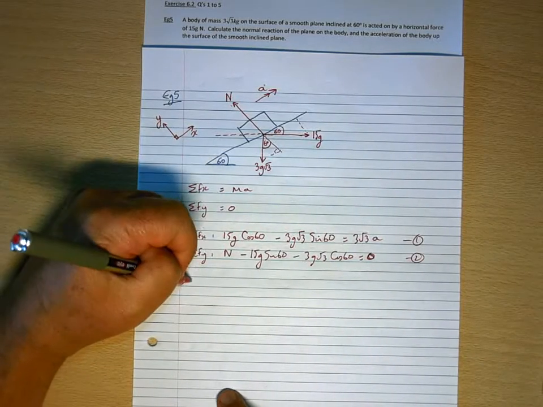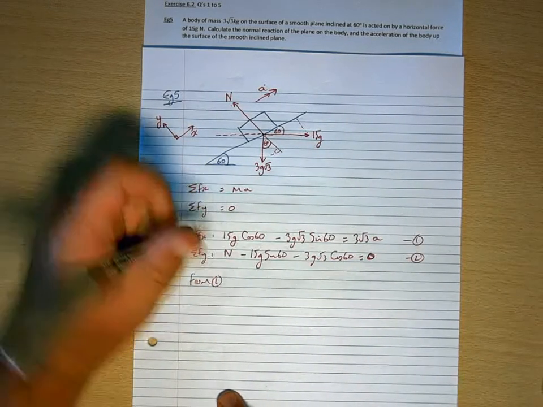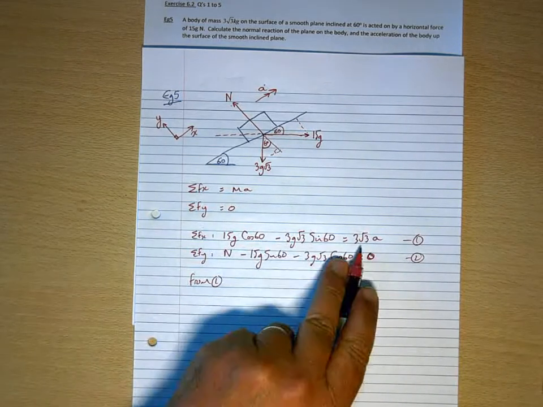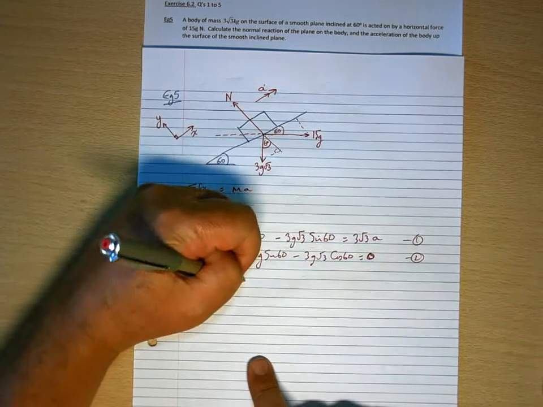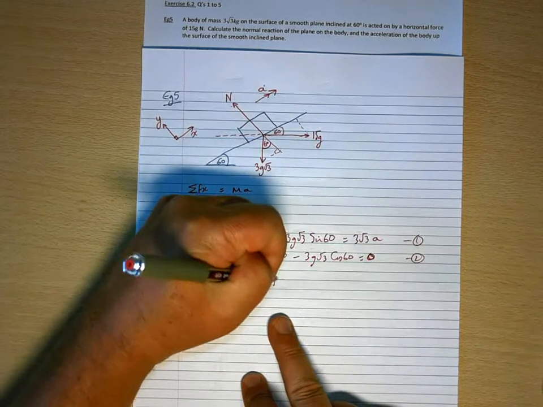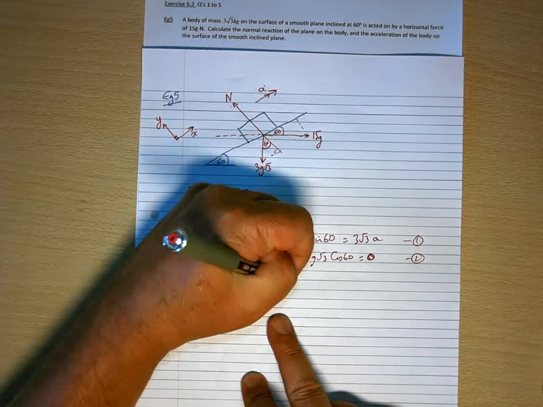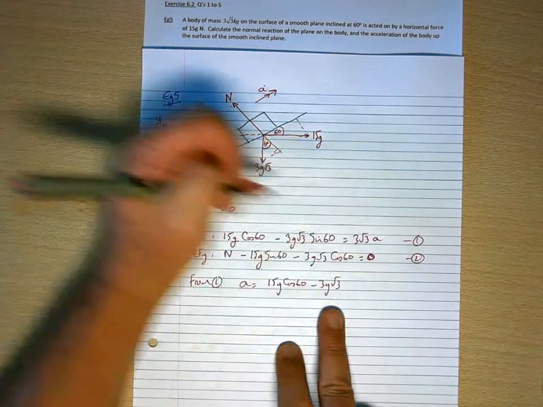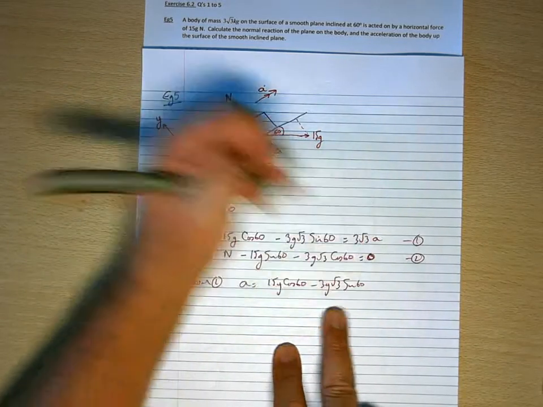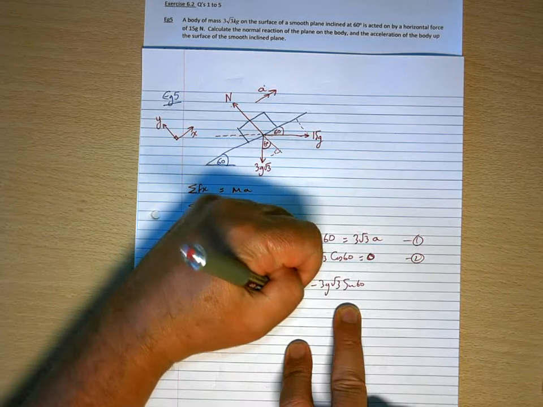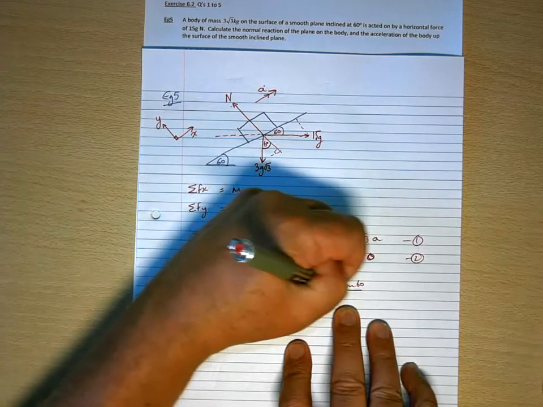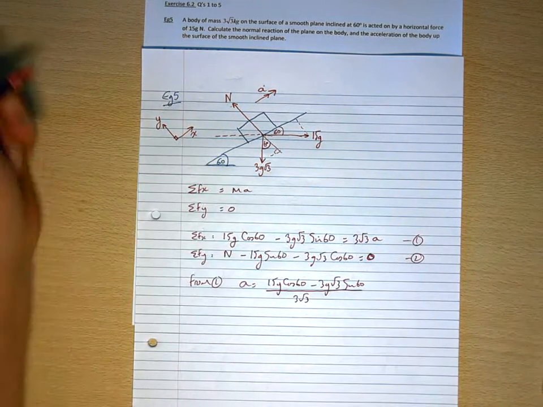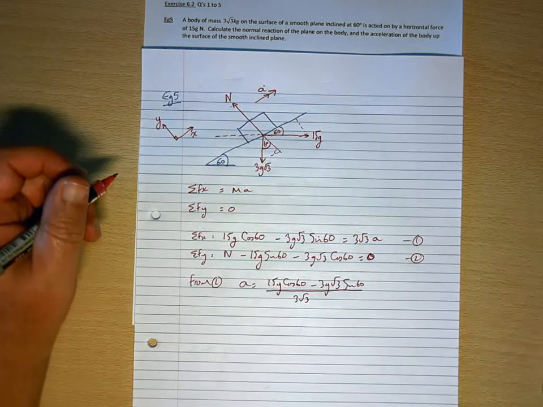Okay, so from equation 1, to get the a on its own, I have to divide the whole thing by 3 root 3. So a will equal 15g cos 60 minus 3g root 3 sine 60, all divided by 3 root 3.